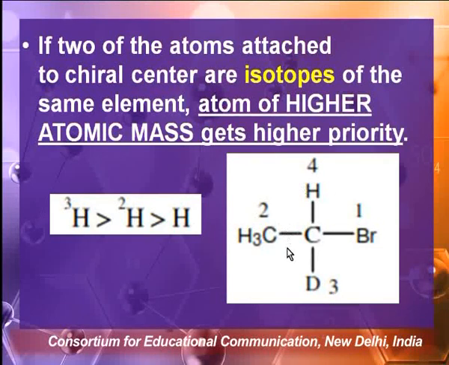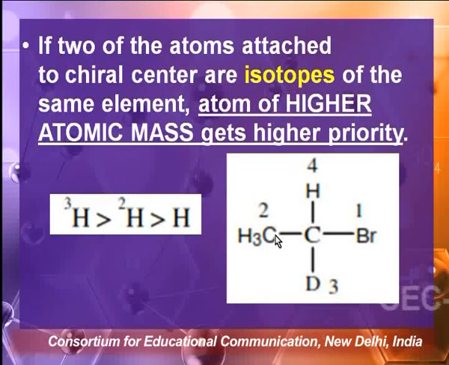No, in this case we shall be comparing the atomic masses of all the 4 groups, and on the basis of that we find that bromine has the highest priority because the atomic number of bromine is highest.